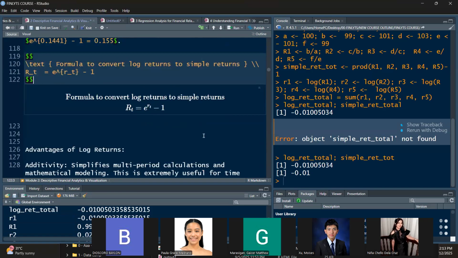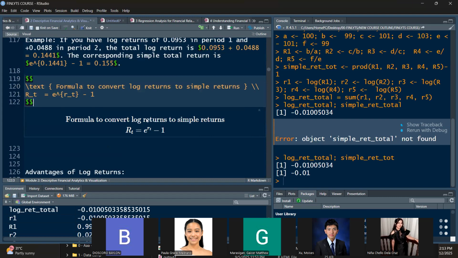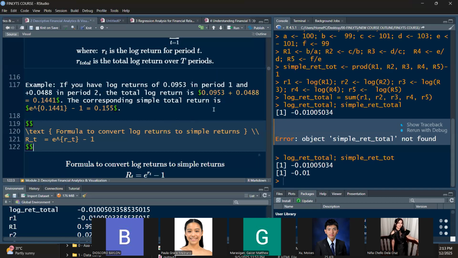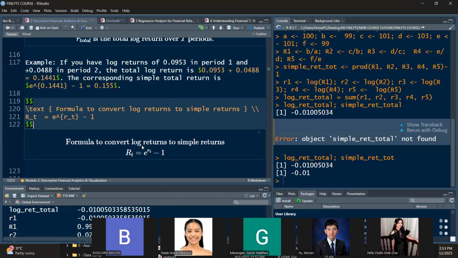We can convert the log return here. The log return is 0.1441, and then to get the simple return, it's e raised to the log return minus 1, which is 0.155.